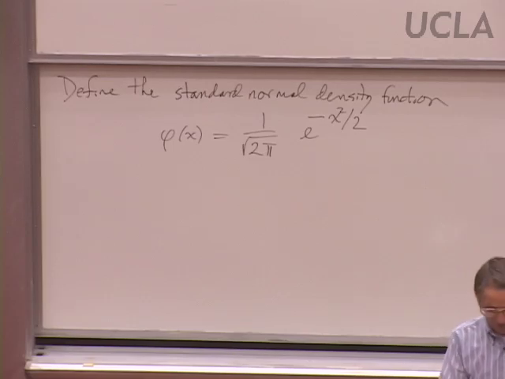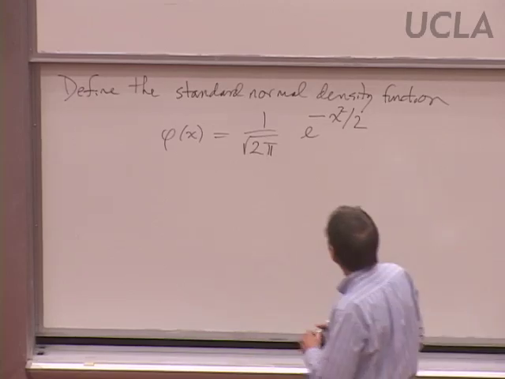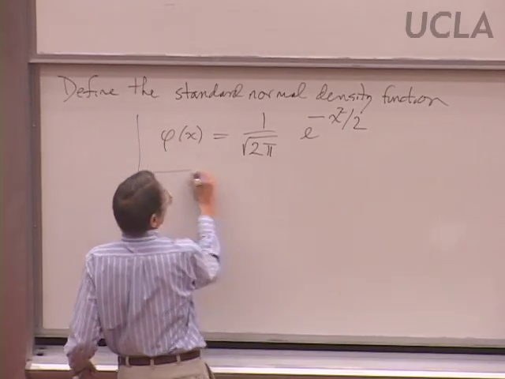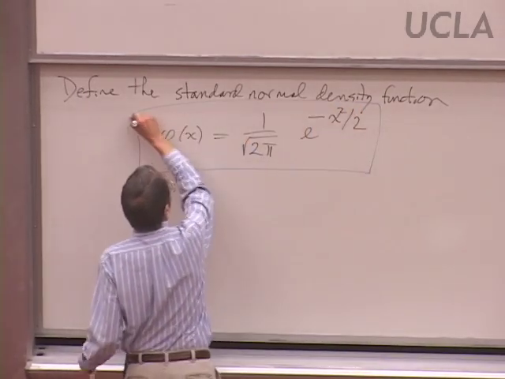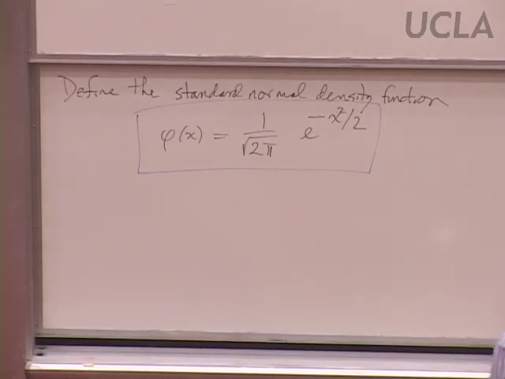Well, why? Why that square root of 2 pi? Well, let me talk some about this function. Here are 5 properties.